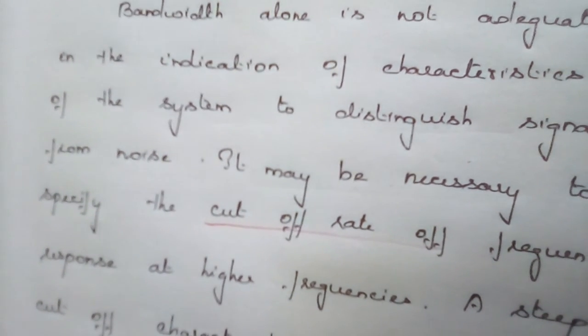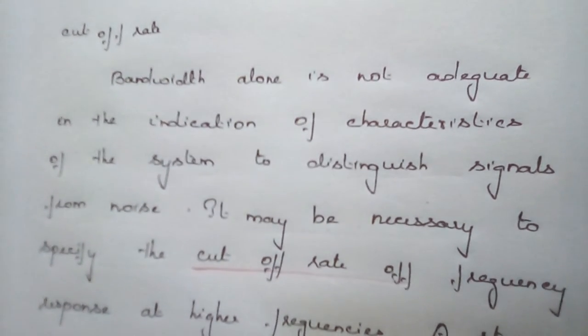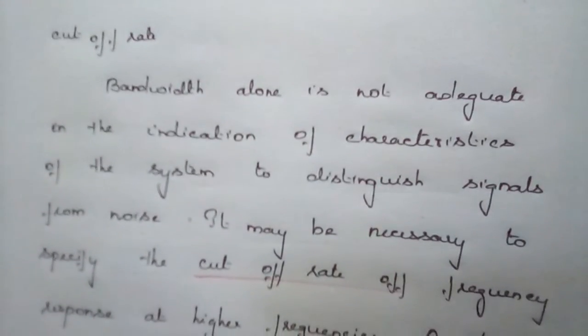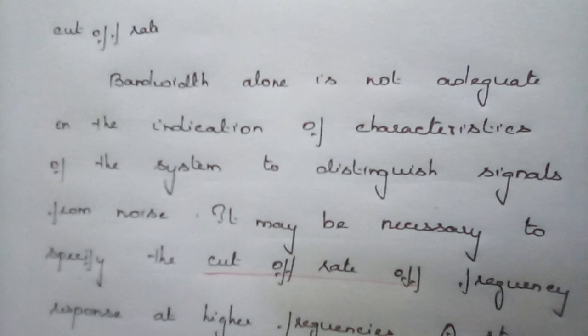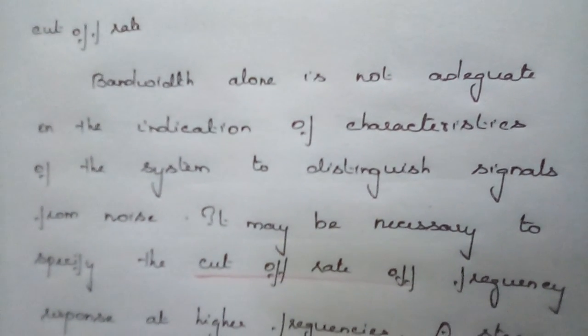So we have discussed the characteristics of the frequency response of any system, and the different terms which define the characteristics. With this, let us also discuss some examples relevant to these four characteristics in the upcoming session.